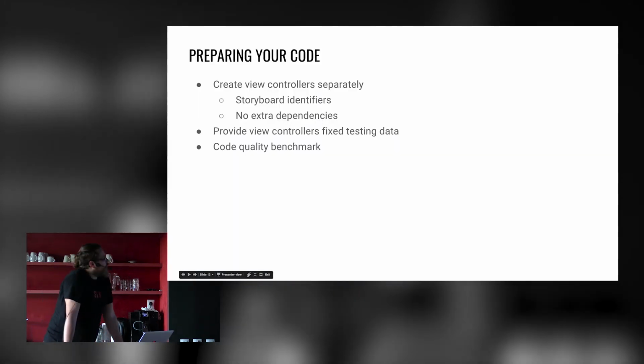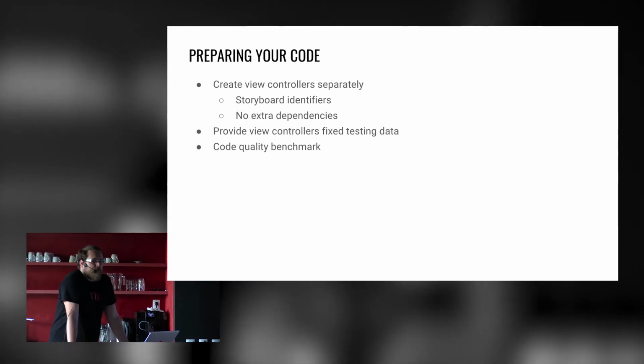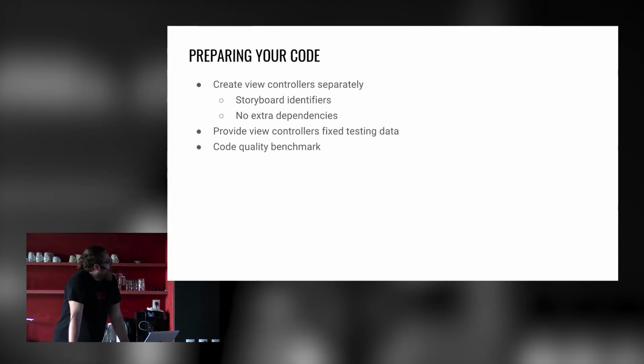One thing you need to do before you actually start doing snapshot tests is to prepare your code. As I was mentioning before, you need to have a storyboard identifier on every storyboard if you are using segues, because you need a way to actually create a storyboard, and you need to use some kind of architecture that will allow you to get rid of unwanted dependencies. Otherwise you are unable to set the view controller into a proper state.